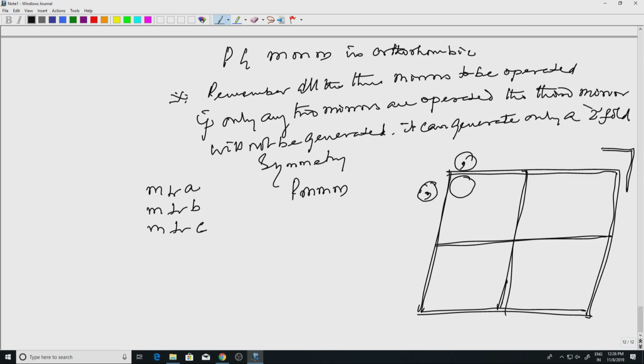Now, when we apply this mirror, we get this one reflected. Then this becomes here this way.